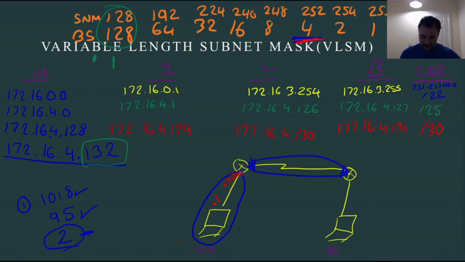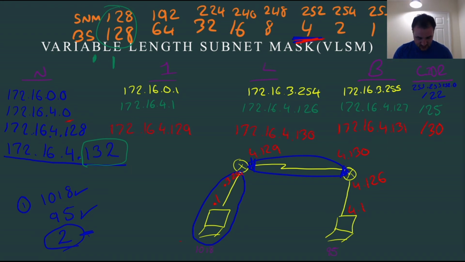So then we've got 95, so our 95 network was this one, so 4.0 starting point, so 4.1, then 4.126 was our last usable, and then this point-to-point is 4.129 and 4.130. So actually we've used our build effectively.